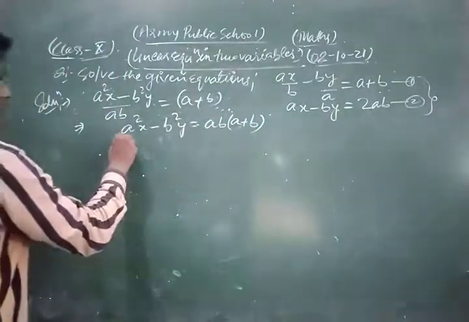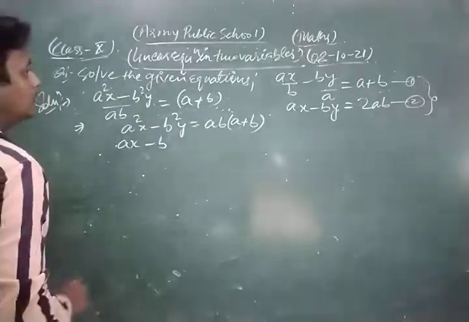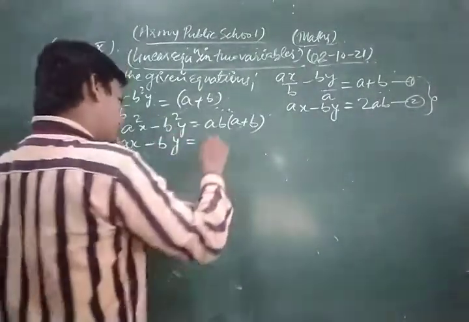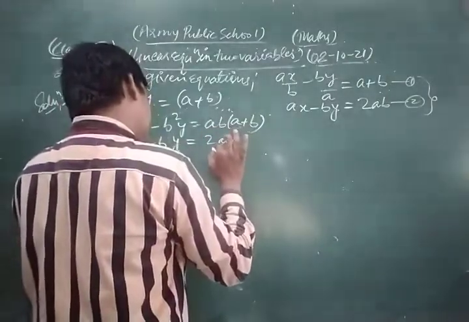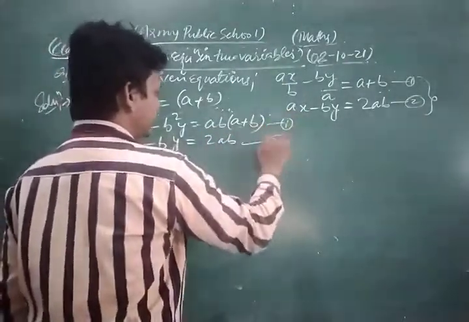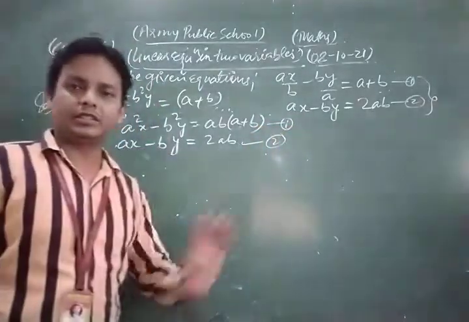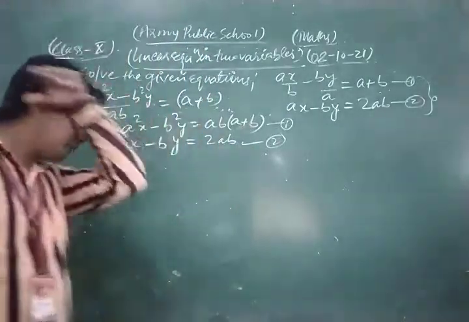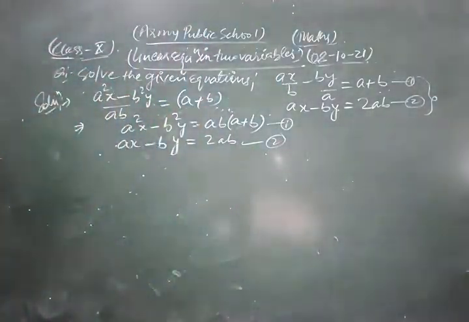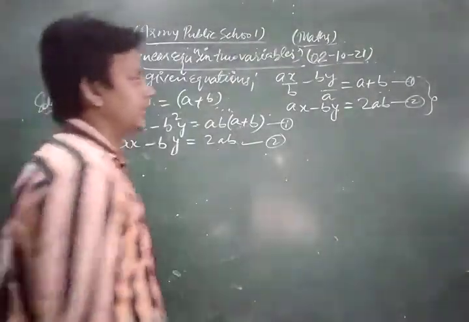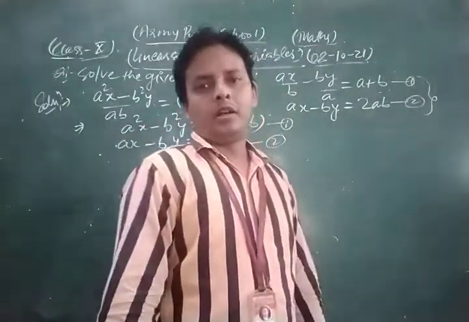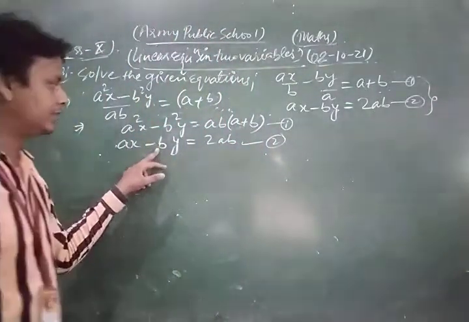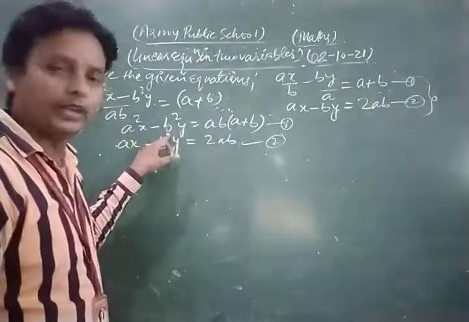Now the second equation is ax minus by is equal to 2ab, we write as it is. Now look, this is equation 1 and this is equation 2. First of all, we simplify equation 1 and write it this way. Here we have b and here b square y.